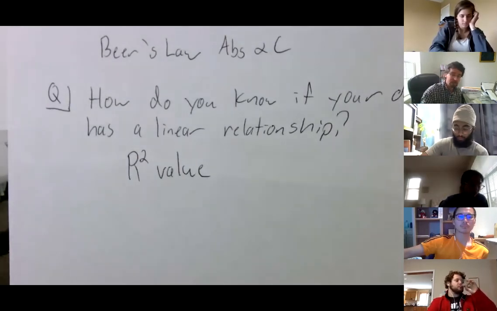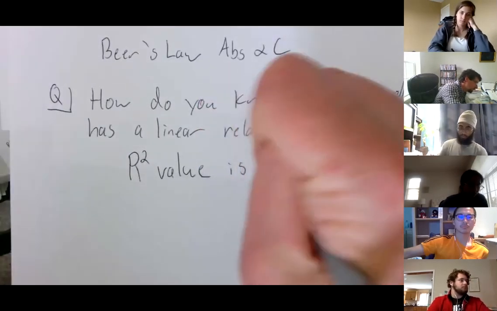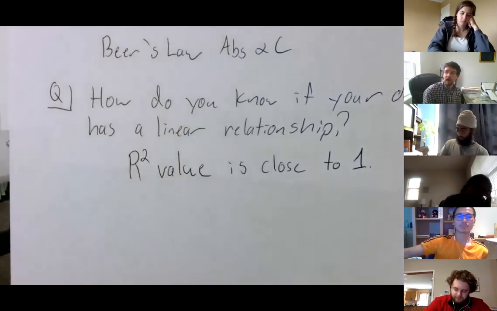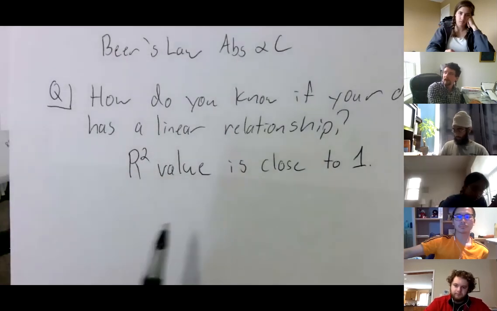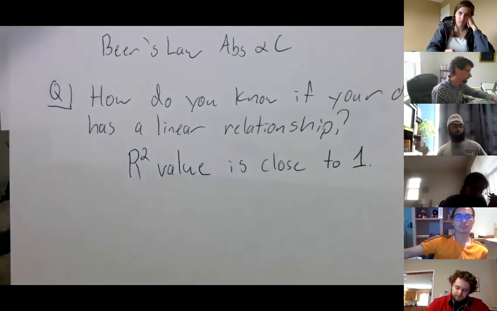Yep, 1. So if the R squared value is close to 1, you have a model that fits pretty well. This is keeping track of the least squares fit model that allows you to see how linear something is.